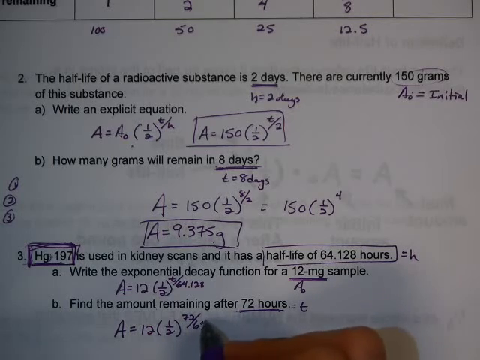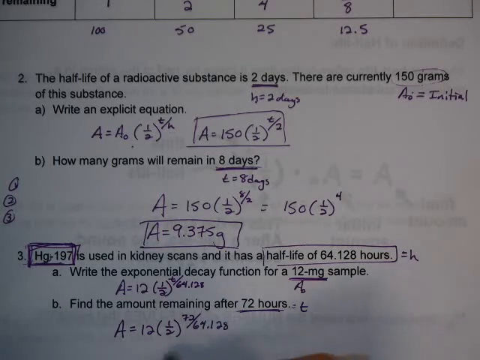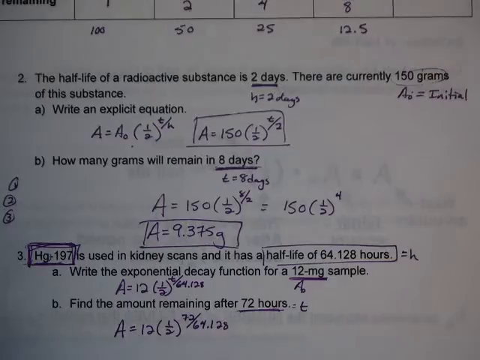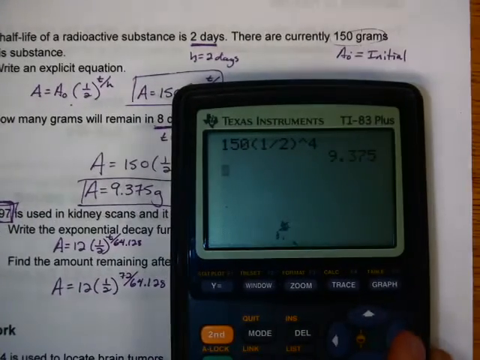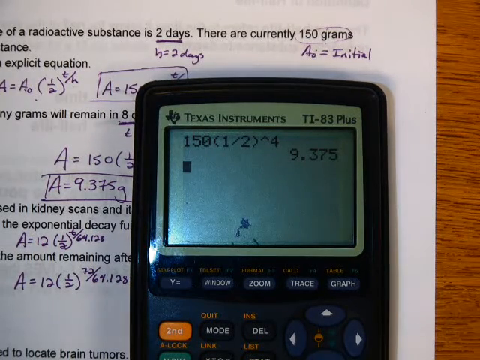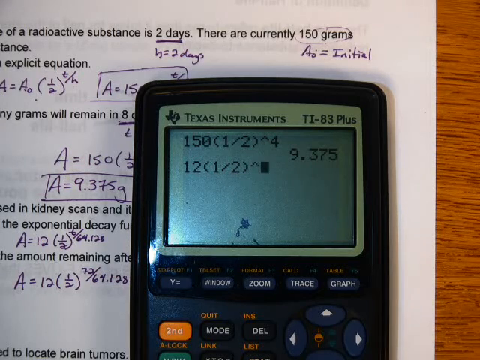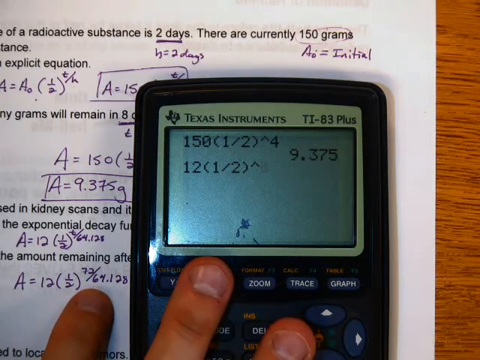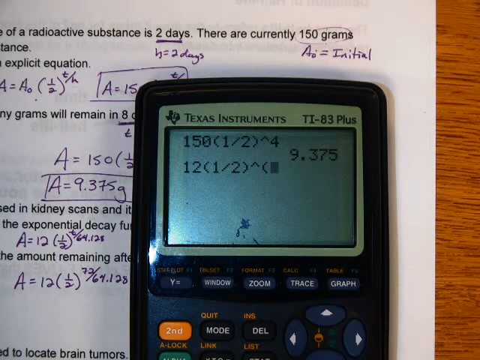72 over 64.128. You can substitute that whole thing in your calculator. It looks like this. 12 times 1/2 raised to the power. Now because this is a fraction for an exponent, we're going to put it in parentheses. 72 divided by 64.128.